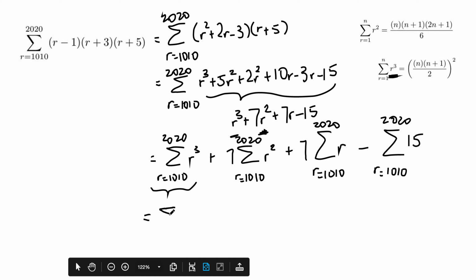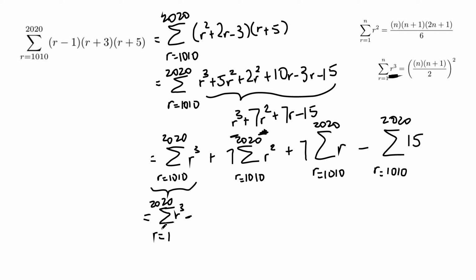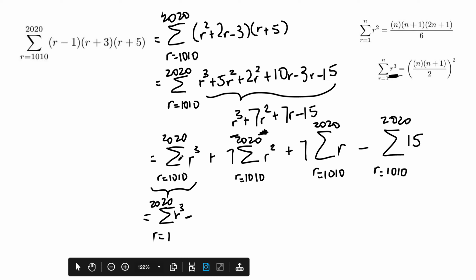We just add up all the cubes first, so start from r equals 1 to 2020 of r cubed, and then we subtract the first 1009 cubes. After we subtract the first 1009 cubes from this, we'll get the sum of these cubes, from 1 all the way to 1009 of r cubed.